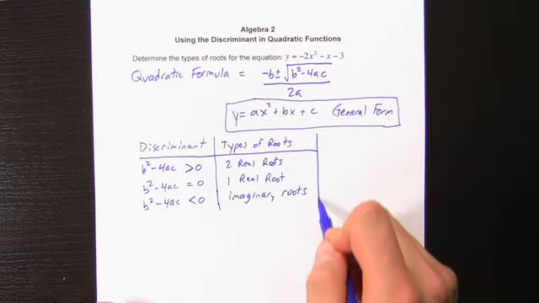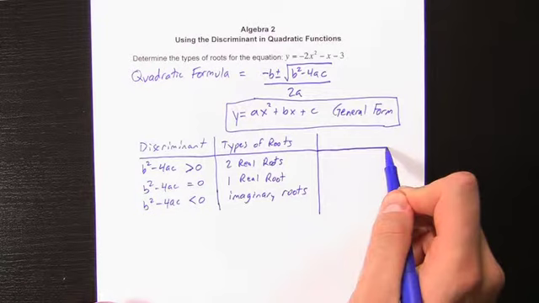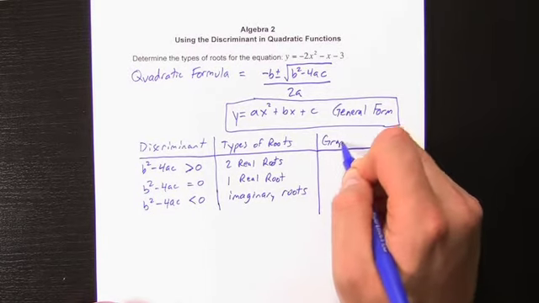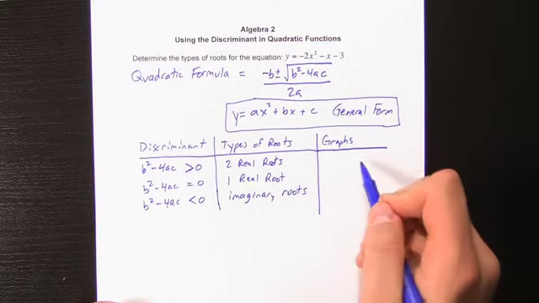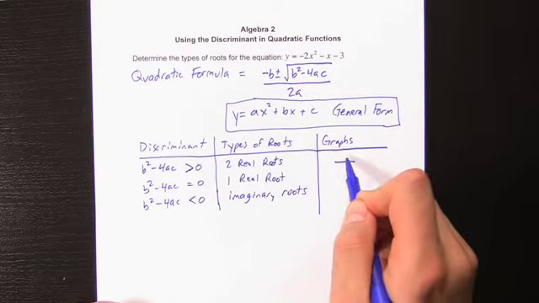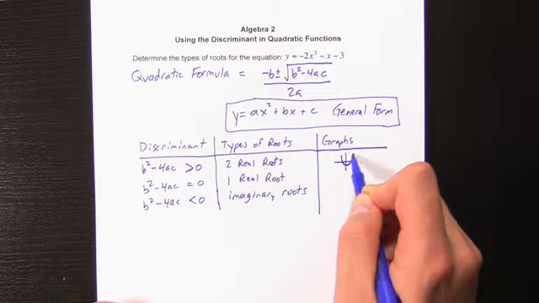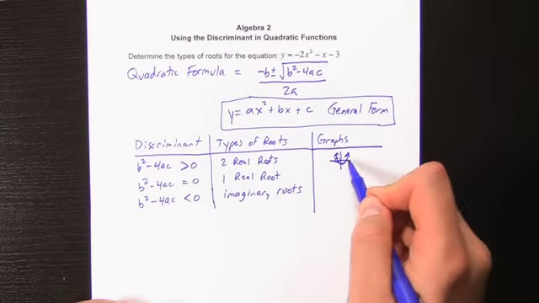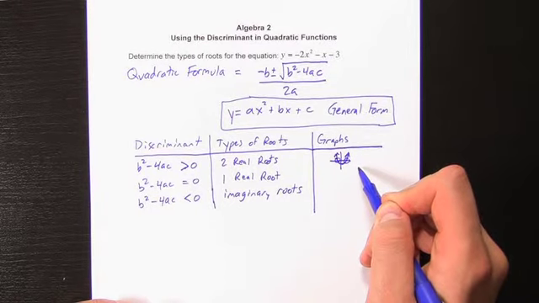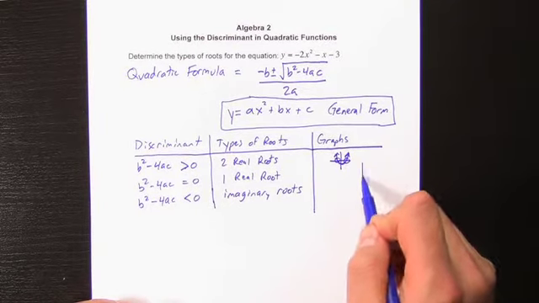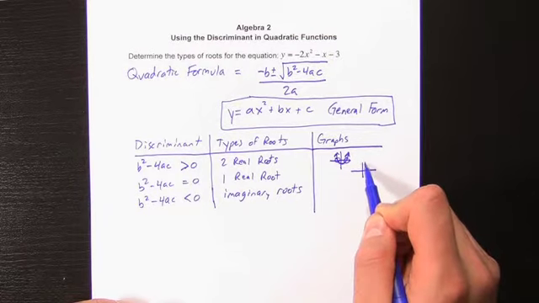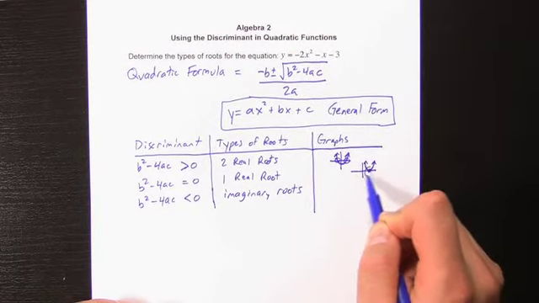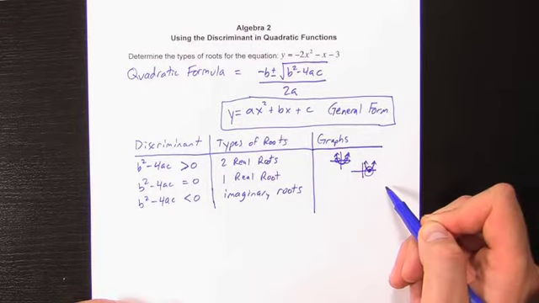Now, just to give you a little bit of extra information here, I'll just show you some quick sketches of what the graphs for these might look like. So if you had two real roots, a quick graph of two real roots would be something like this, because you would have 2 points that cross the x-axis. If you had one real root, basically the parabola would come down and it would touch the x-axis at a single point.